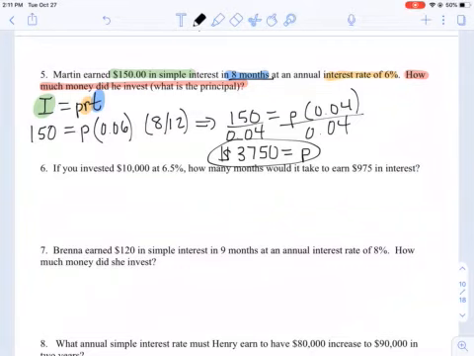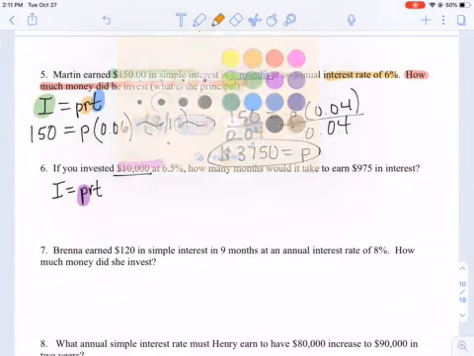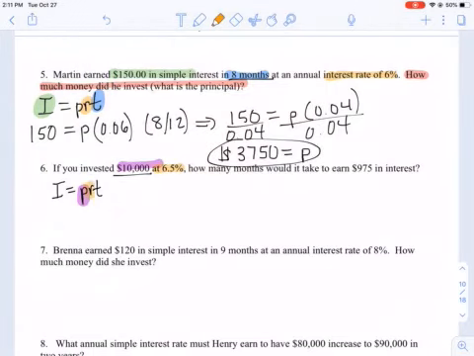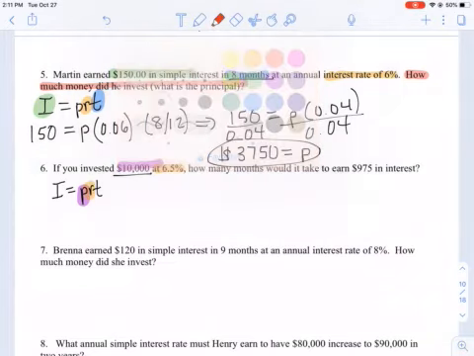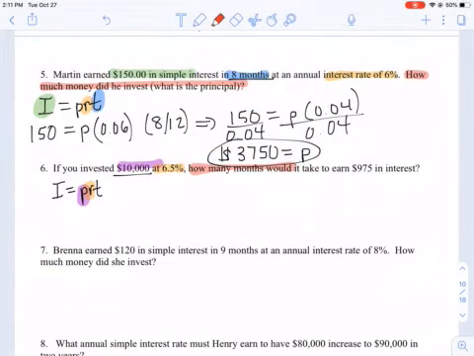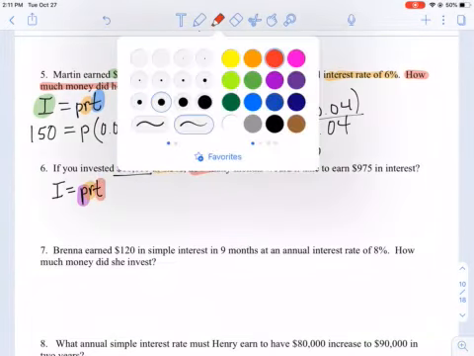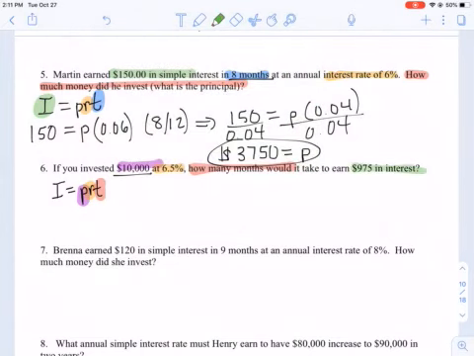Okay. We'll keep going. So remember, interest equals principal times rate times time. So they told us they invested $10,000. That's our principal. They said the rate was 6.5%. That's our rate. They want to know how long, time, how many months to get this interest. So here we go.